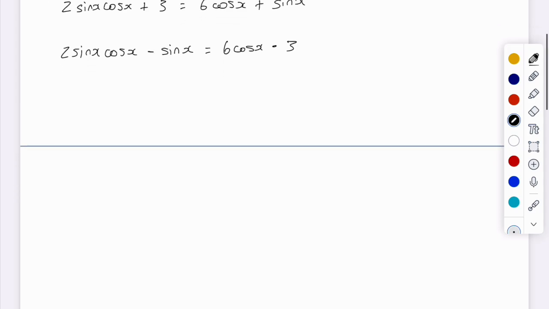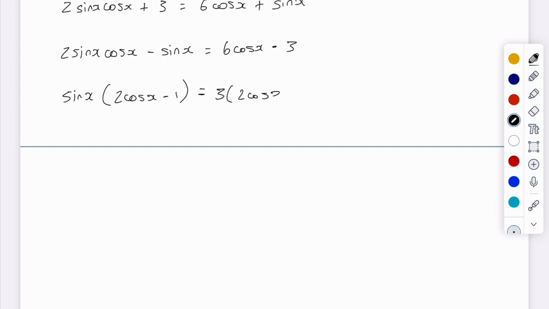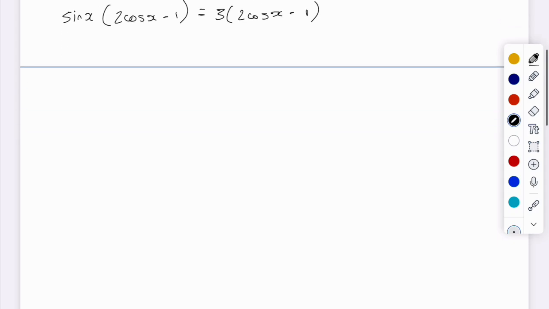So you see where we're going with this. From here, we can take out a common factor of sine x, and we get 2 cos x minus 1 over here. We set that equal, and we get sine x times 2 cos x minus 1 minus 3 times 2 cos x minus 1 is equal to 0.